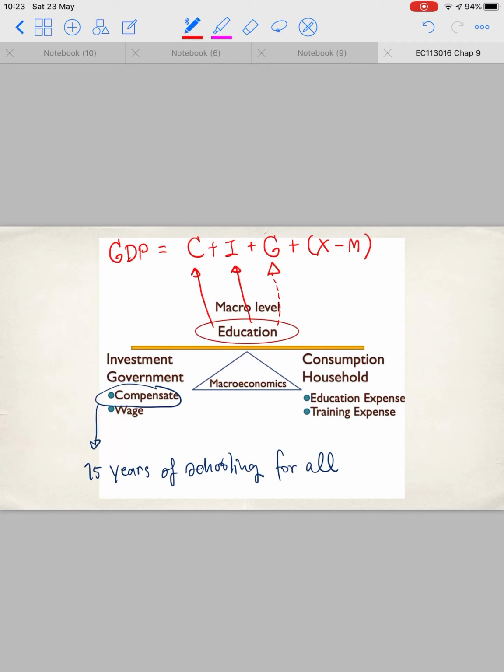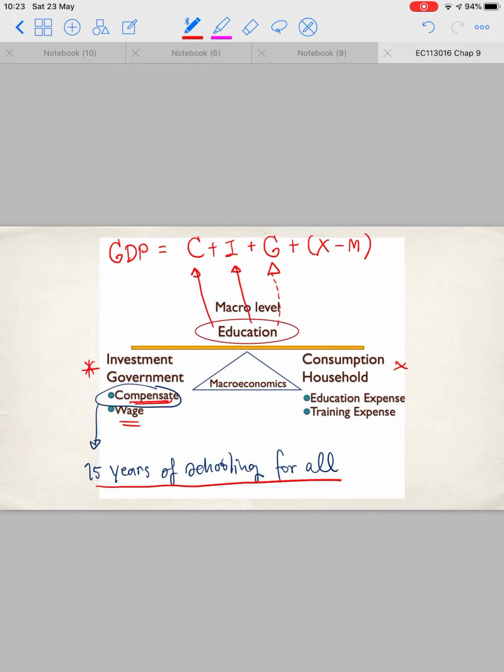Firstly, investment here. Investment of government is one of the government expenditures. They have to invest for 15 years of schooling for all population. We call it compensation, right? It's a subsidy. And then they gain the wage from the employment.